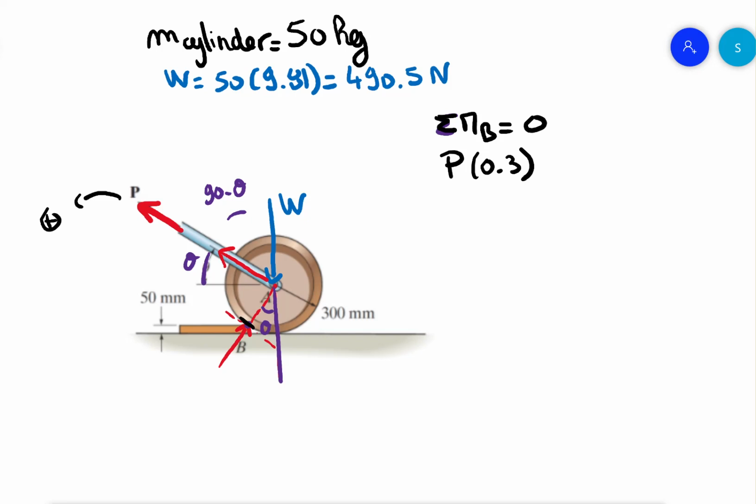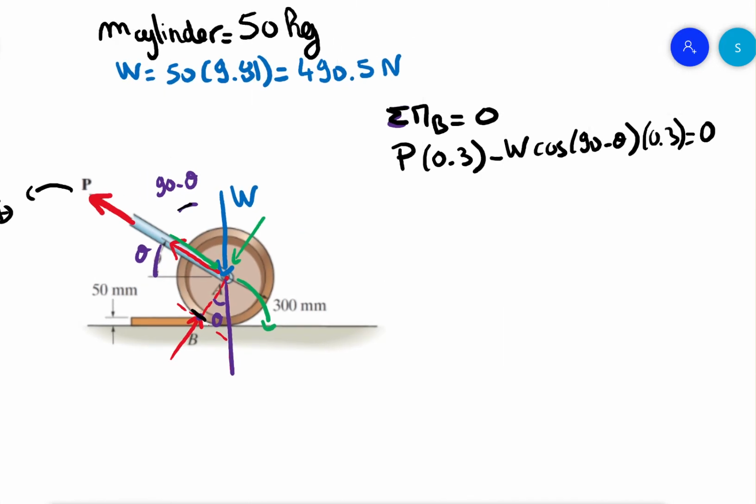And W has two components, and this component tends to rotate in the negative direction. So we have minus W, cosine of 90 minus theta, that is also equal to the sine, times 0.3 equals 0.